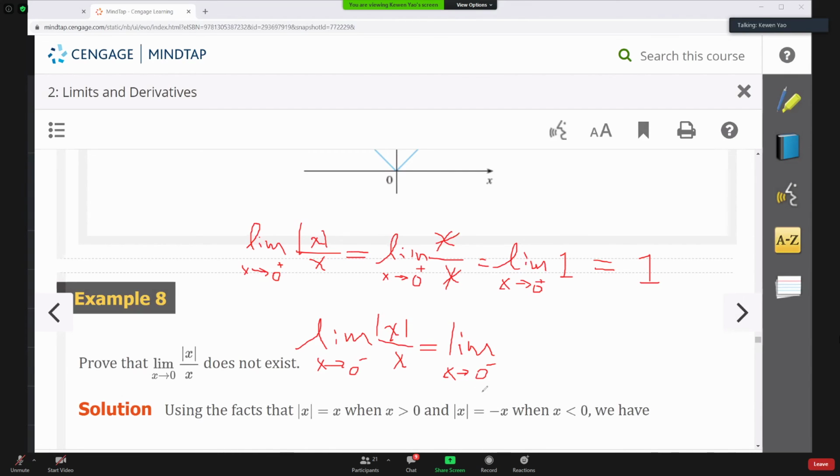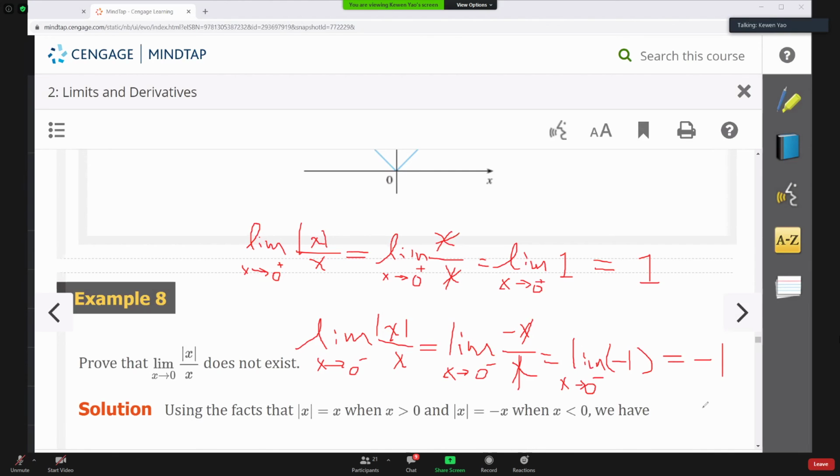So x goes to 0 from the left, x is negative, right? So what is the absolute value of x in this case? It is negative x, remember, on the left side. So over x, now x is gone, right? So it becomes the limit as x approaches 0 from the left side, 0 negative, of the function, which inside is negative 1. What's the limit of negative 1? It equals negative 1, right?